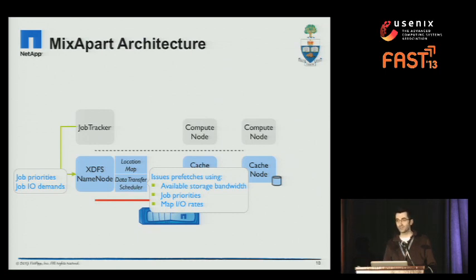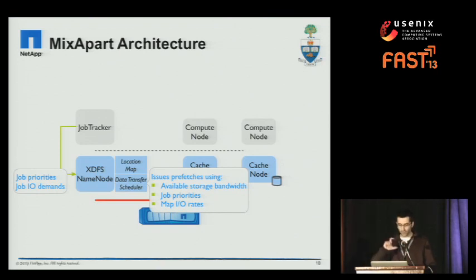If there's nothing available, there's no more room to prefetch. Second, the job priorities, which dictate the prefetching order. And third, the map I/O rates. The idea is that at any given time, the enterprise storage bandwidth is saturated by a large number of parallel streams that go in parallel at specific map rates. It's the job of the data transfer scheduler to implement that logic, so it instructs the cache nodes to do those respective prefetches.